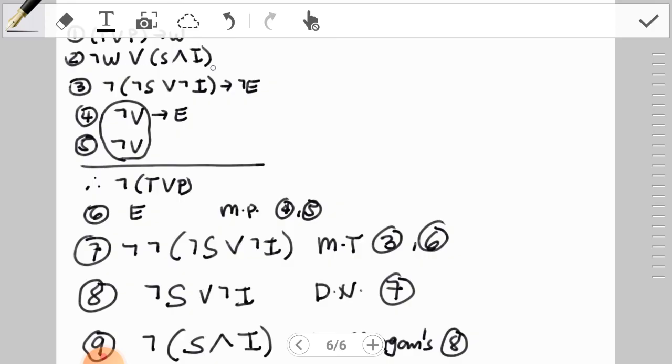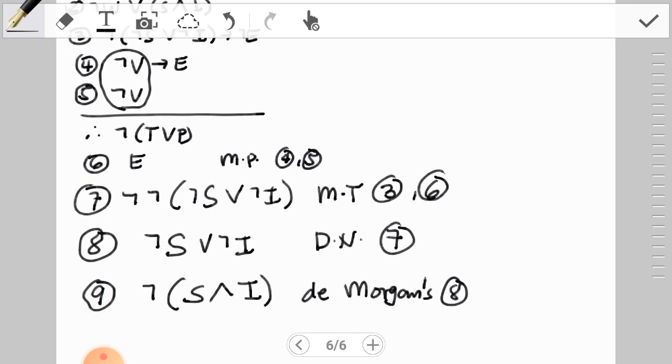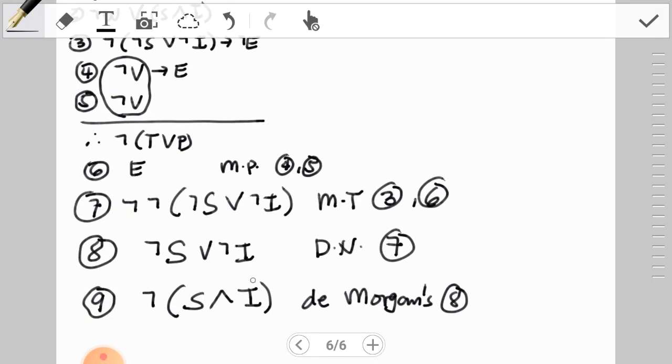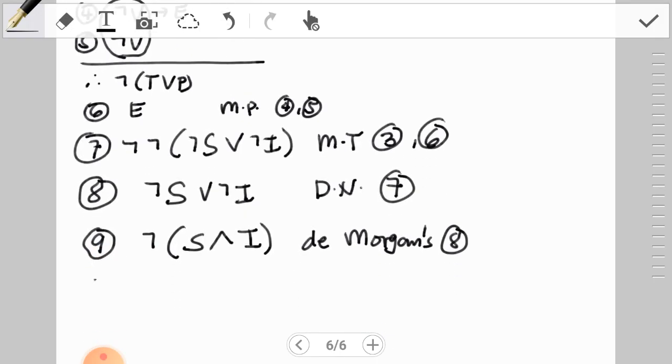Let's use line 2 and line 9. Disjunctive syllogism. What does disjunctive syllogism say? P or Q, not Q, therefore, you get P. Disjunctive syllogism. P or Q, not Q, therefore, P. Disjunctive syllogism.